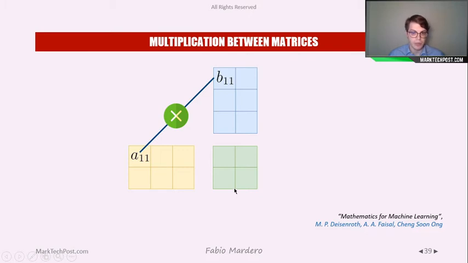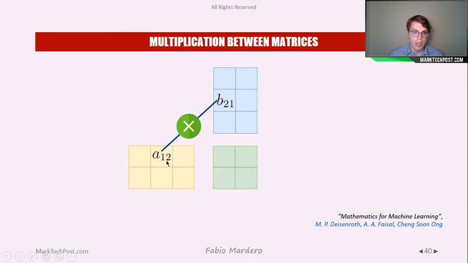Now, to compute the multiplication between matrices for this element, we take the first two, and we move the fingers in this way through the matrices. So we take A11 and B11, and we multiply them.